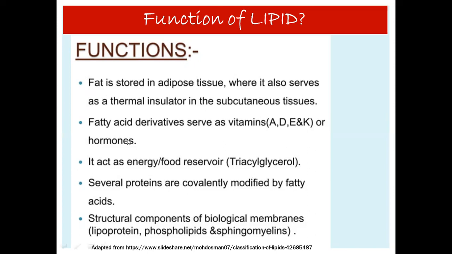Storage fats you can find in milk, in the adipose tissues of animals, and in seeds also. In terms of energy supply, fats or lipids supply over twice as much energy per unit weight as proteins or carbohydrates can provide.